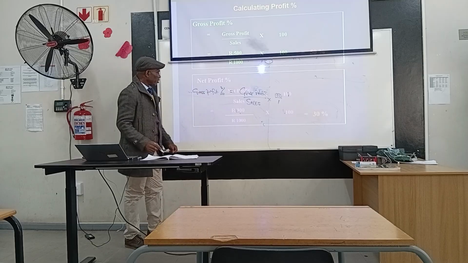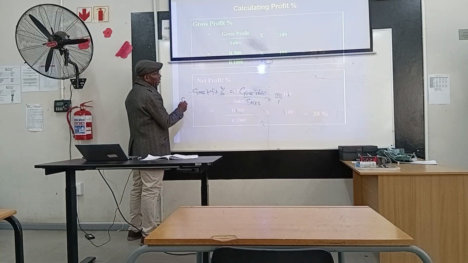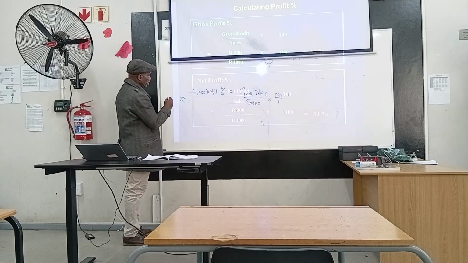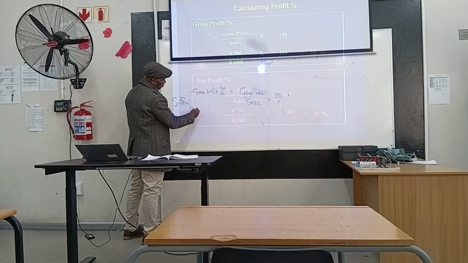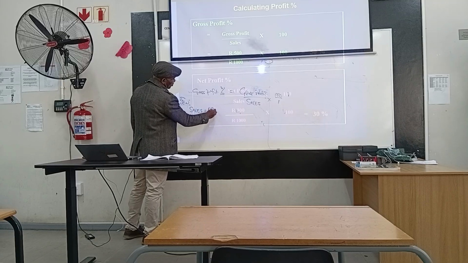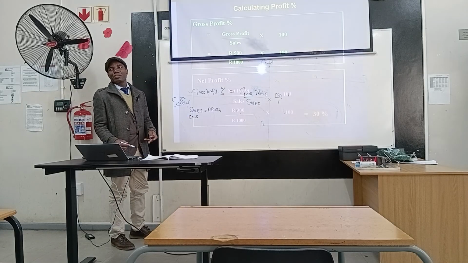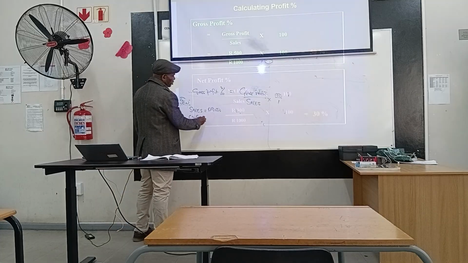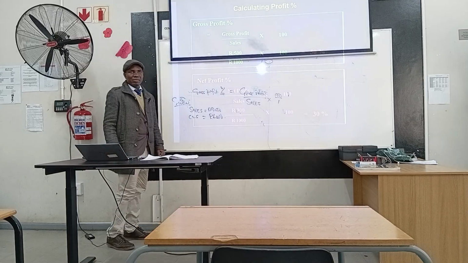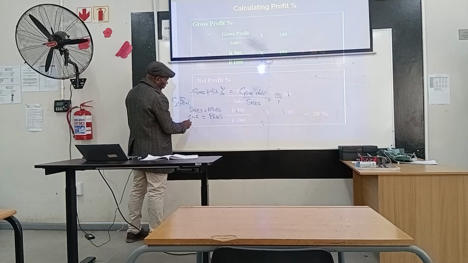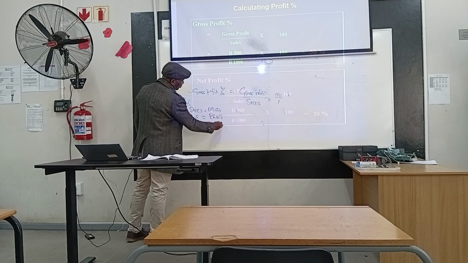For example, how do you calculate gross profit? Let's say given sales 10,000, cost of sales, if I say COS it means cost of sales, let's say 6K, fixed cost, let's say 2,000.